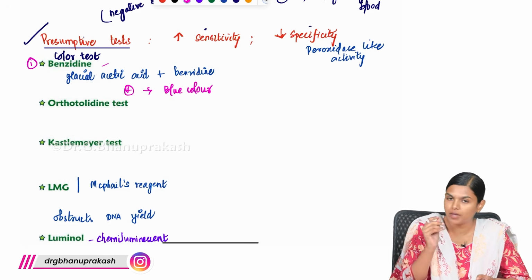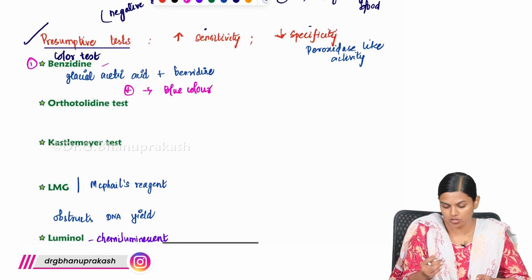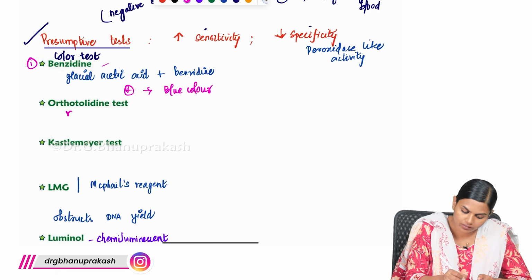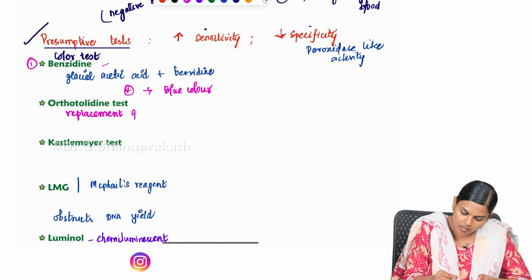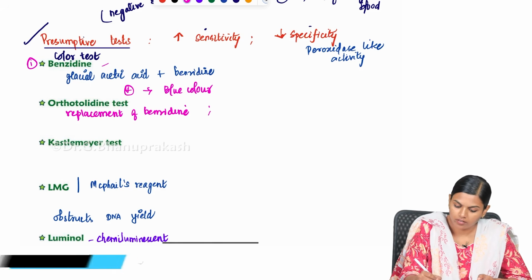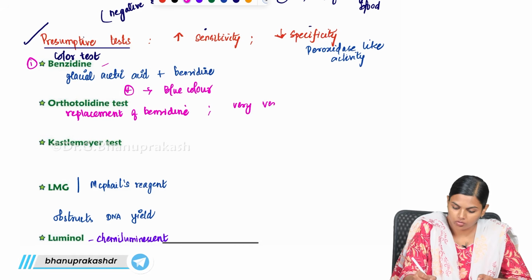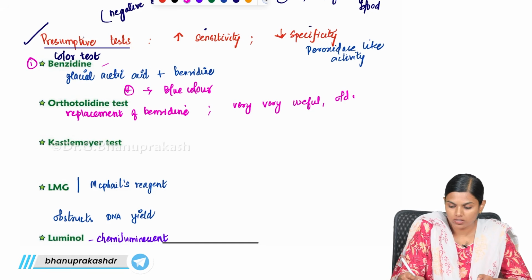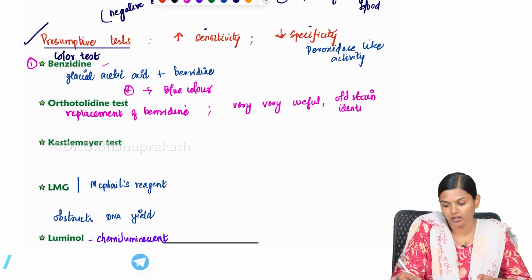And since this benzidine is highly carcinogenic, they replaced benzidine with this orthotolidine. So, replacement of benzidine is orthotolidine, and this is very useful. Even old stains, very old stains, it can identify.